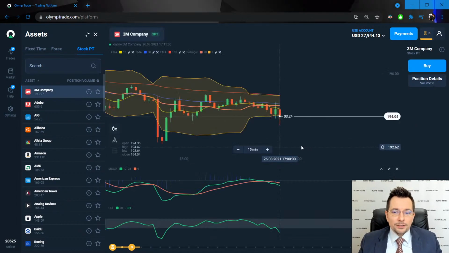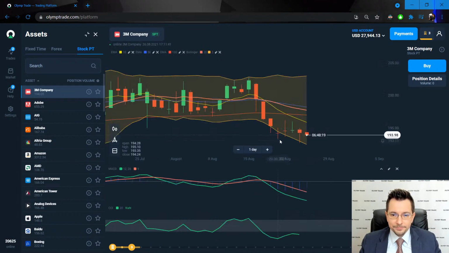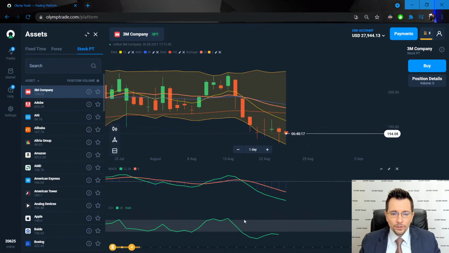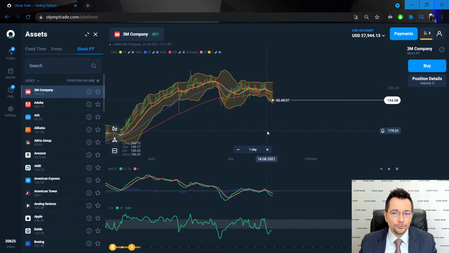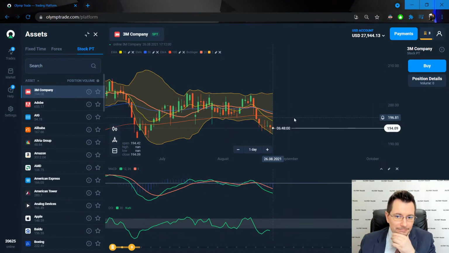So 3M was at a really good breakout point a few weeks ago even. So we were waiting for the CCI to come up to the -100 area. So good that it didn't, because I would have been caught in some really nasty trading. So for 3M as a chemicals company, as an industrial supplier, they're struggling, and it's hard to tell why.